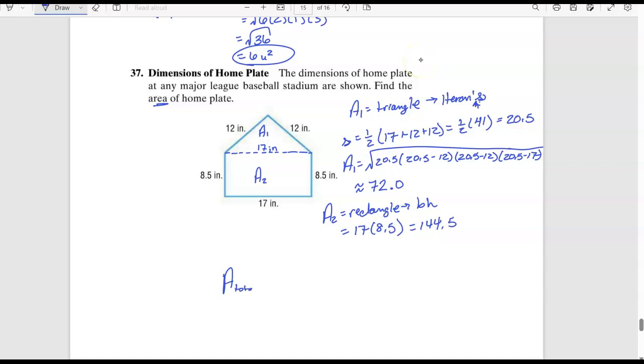Area total is equal to area 1 plus area 2, which is 72 plus 144.5, which is equal to 216.5. And once again, that is in square units. And this time they gave us the units. They're telling us it's inches. So the area of home plate for any Major League Baseball stadium is going to be 216.5 square inches.